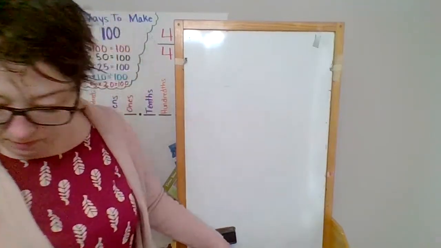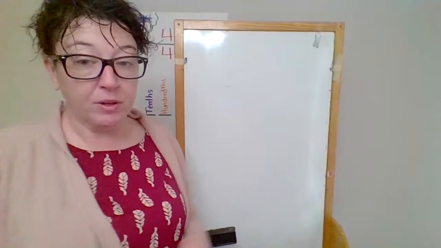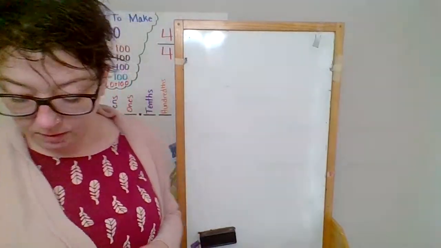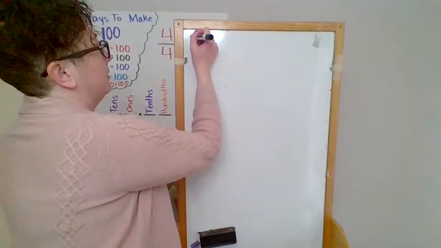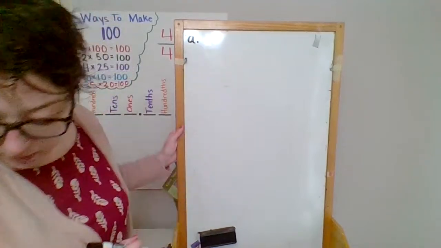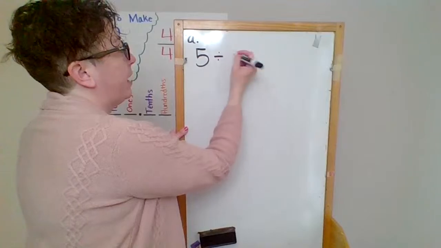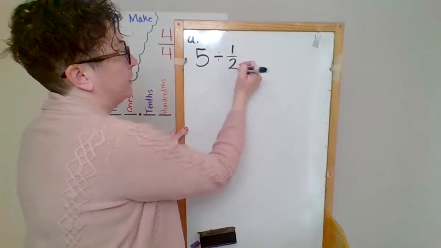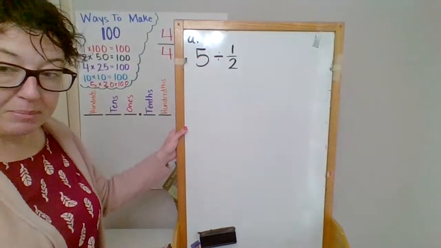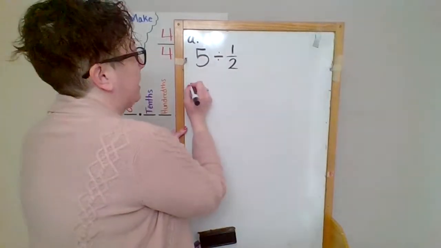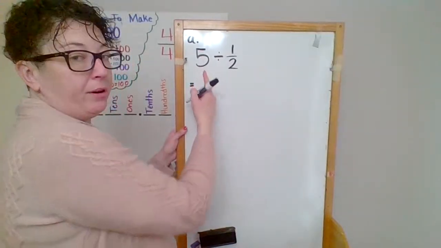Okay. So here we're dividing and then multiplying to check. So A, we have 5 divided by 1/2. Okay, so let's go through the steps again. I keep the first number the same.